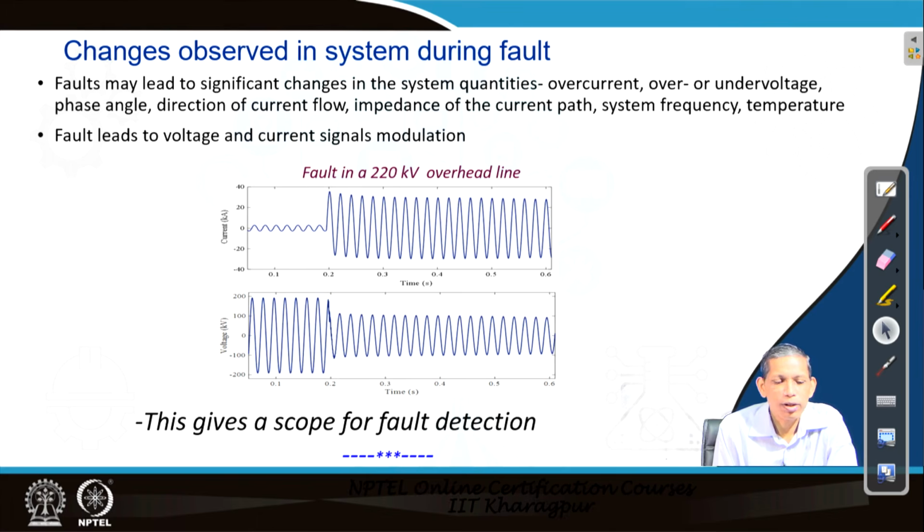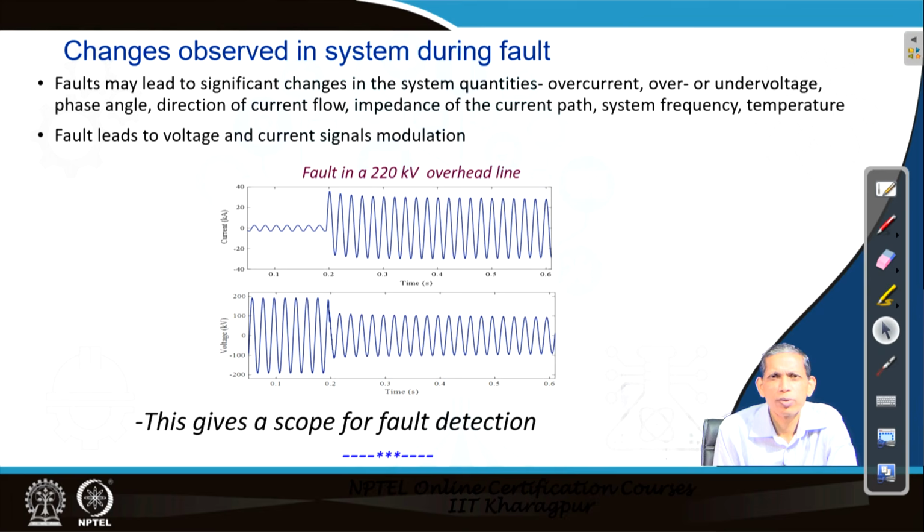So, overall in this lecture we see that faults, particularly short circuit faults, lead to a large amount of current and are detrimental to the system. If they remain for a longer period of time, they lead to instability issues, issues of life safety, damage to different elements, voltage sag and other challenges.